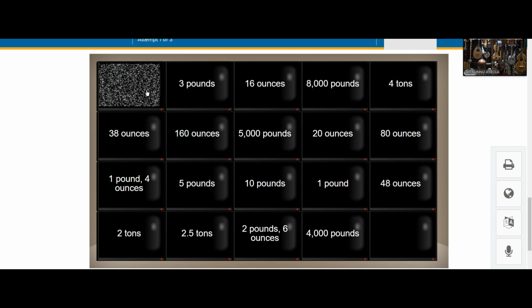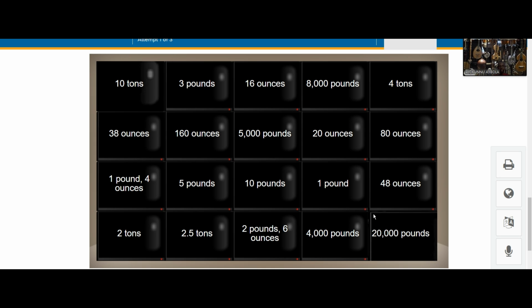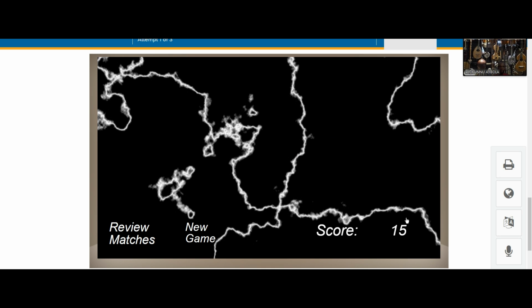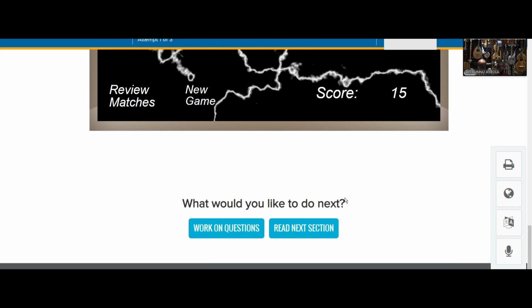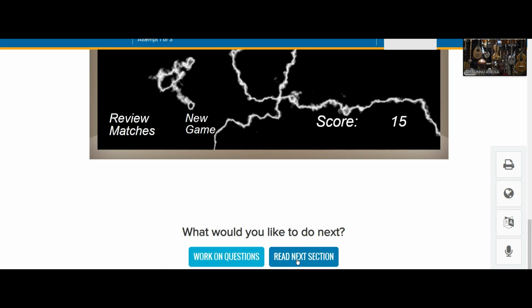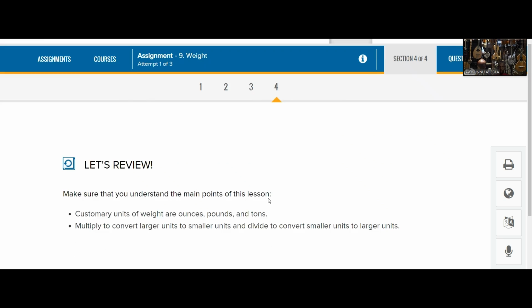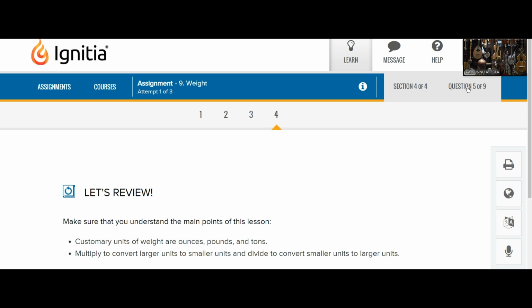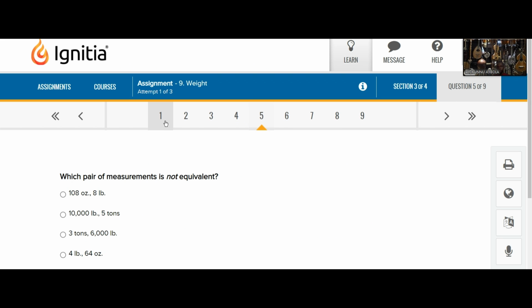This is 38 ounces. How many 16s can we see there? That'll be two, which is 32, and six will remain. So it matches with this. Then the first one must match with the last one. Is that clear? Yes. So this is the last session.